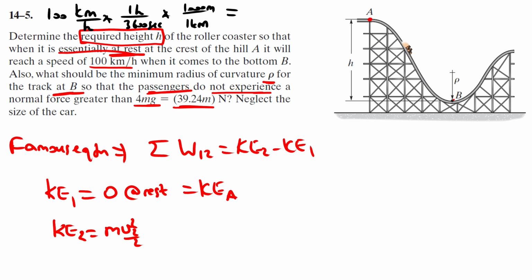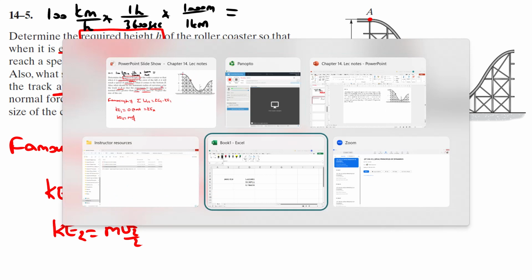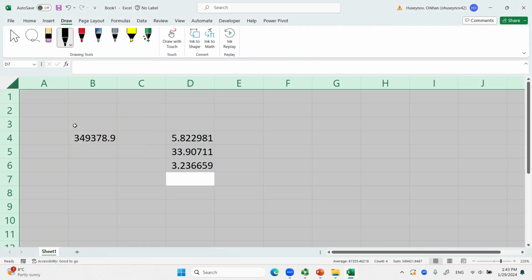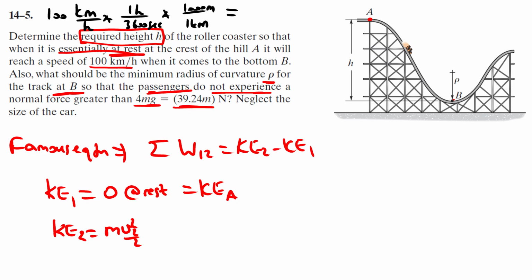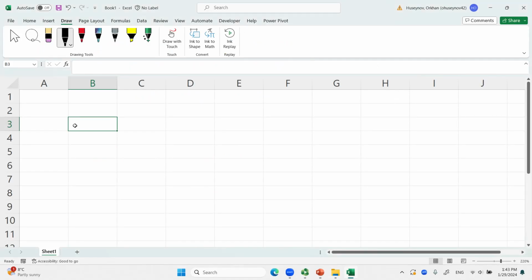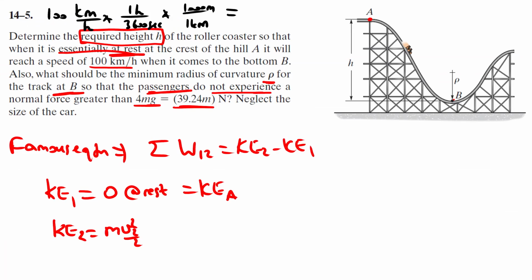From here, if you do the calculation, let's go to Excel. So we have the 100 by 3600 and times 1000. Get 27.8 meters per second.